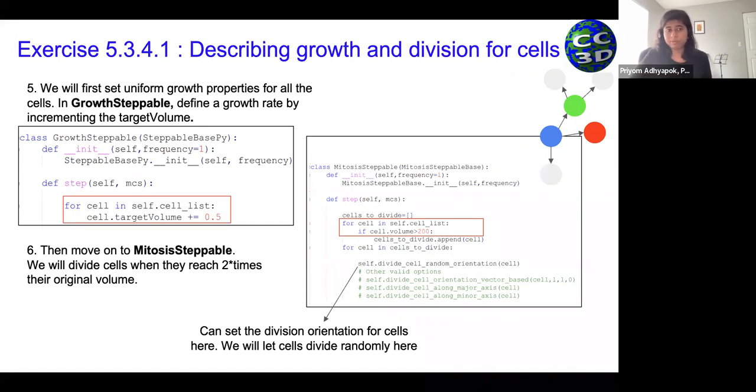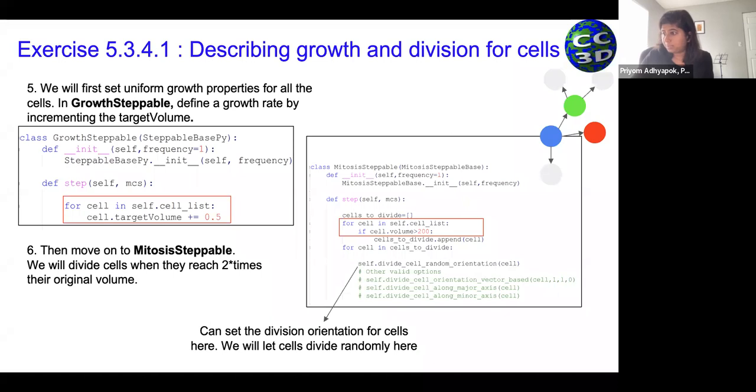In CC3D, one of the ways to grow a cell is to increase its target volume so that you can keep adding more pixels to the cell. The rate at which you're increasing the target volume could be any rate that you choose. Compucell automatically puts a value of 1 in the line that I'm highlighting right now. Here we could just choose 0.5 to make the simulation growth a little slower.